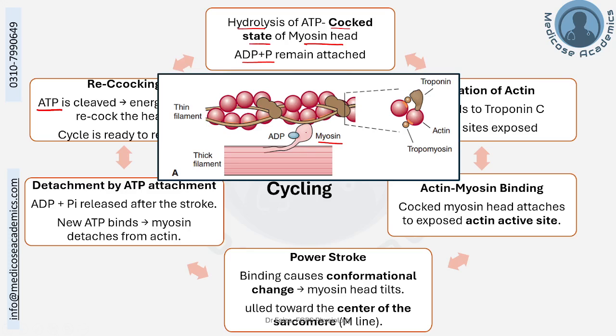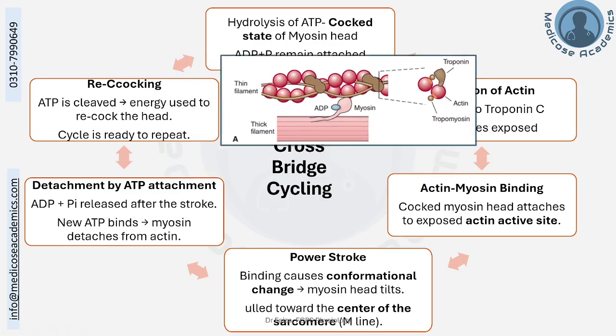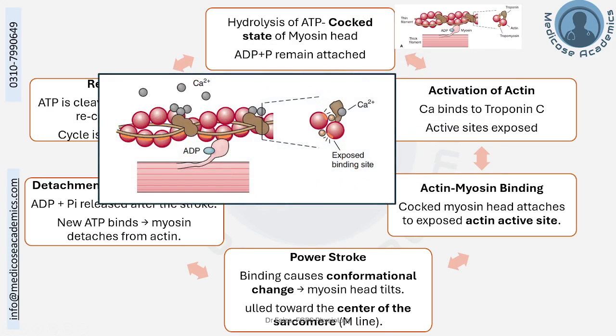So here comes the second important precursor of skeletal muscle contraction, which is calcium. As soon as calcium arrives and attaches to the troponin, tropomyosin moves out of the way, the active sites on the actin filaments will be exposed, and now the cocked myosin head will be capable of attaching to the active sites on the actin filament.